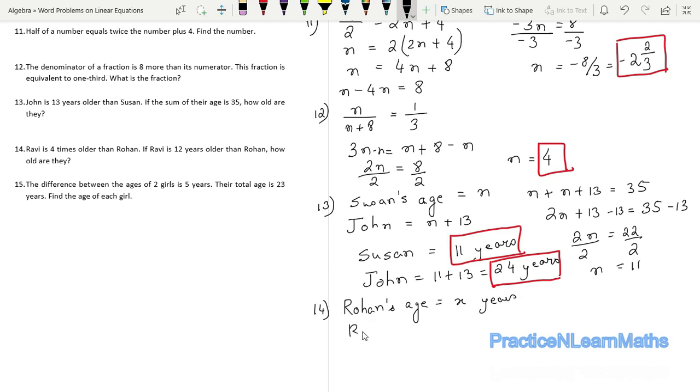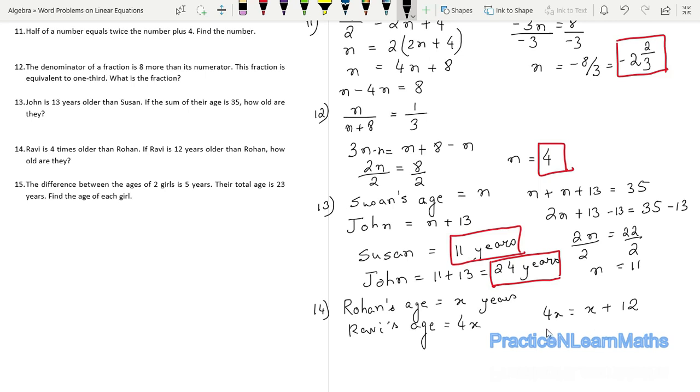Ravi is 4x. Also, Ravi is 12 years older than Rohan. So we can write that 4x is equal to x plus 12.